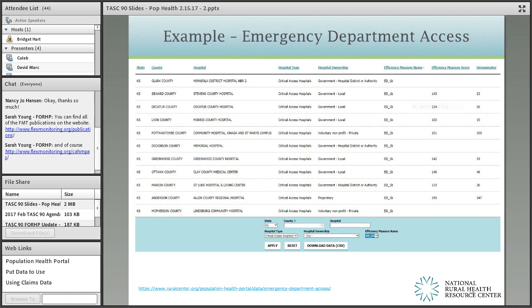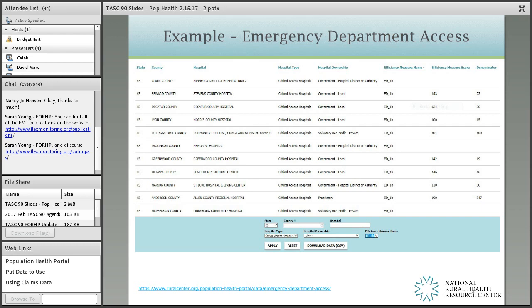And within the portal, if I click view the data for this scenario on emergency department access, on the one here on the screen, I selected the state of Kansas, and the hospital type is critical access hospital. And then the efficiency measure selected was ED1B.